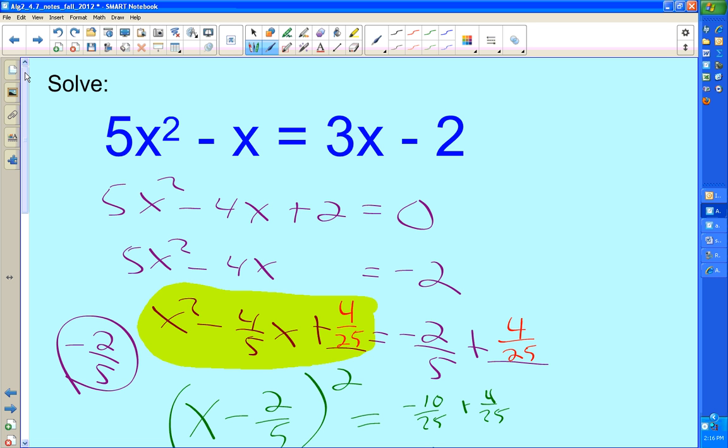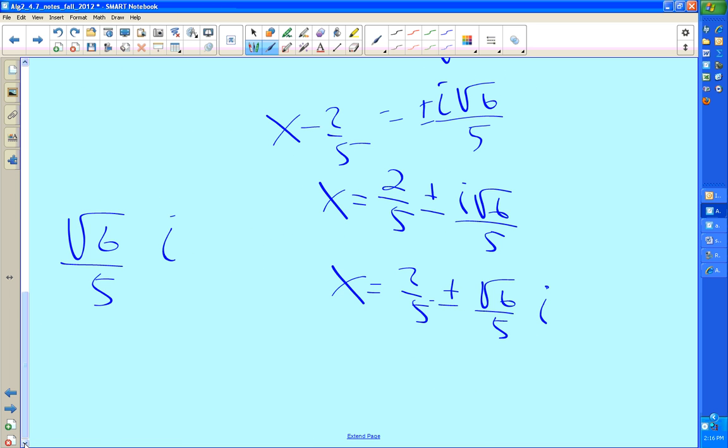Can I just put 2 plus or minus i square root 6 over 5? You cannot, because it's not written in the form of a plus bi. If it's a complex number, you have to write a plus or minus bi.